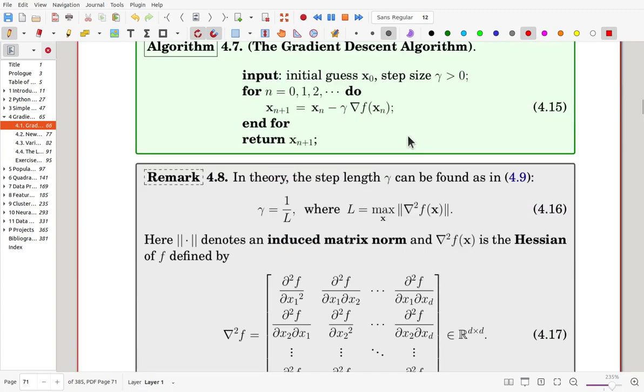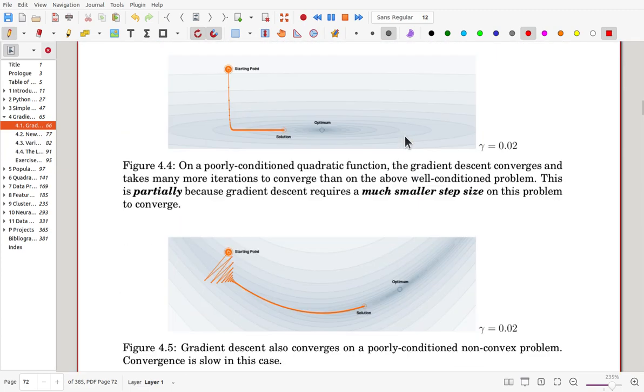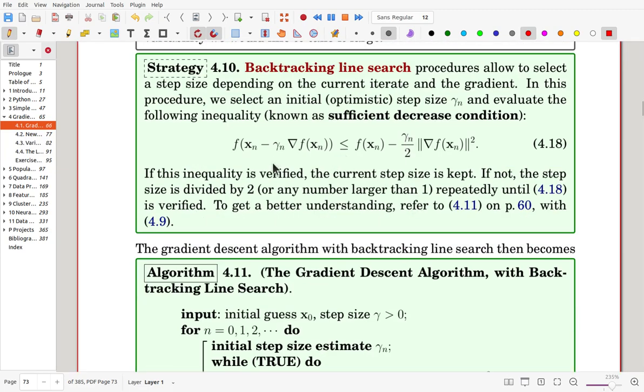That is exactly this one here. That is exactly that equation. So once it is satisfied, then we decide gamma n.